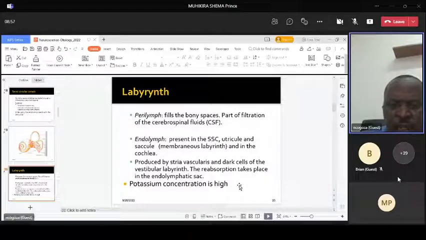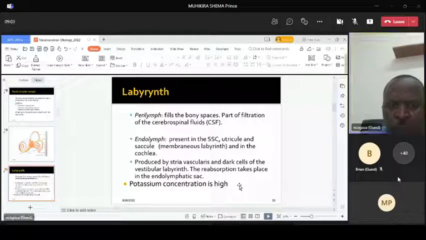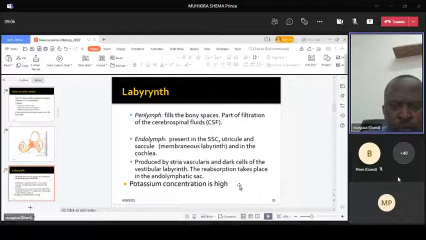You understand that the endolymph is rich in potassium compared to the perilymph, which is rich in sodium.